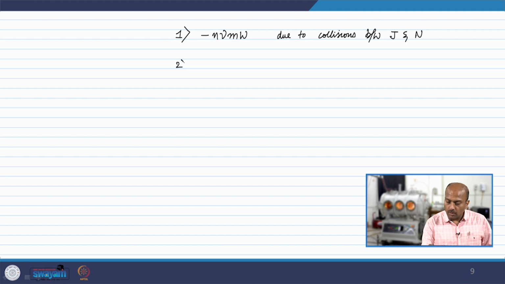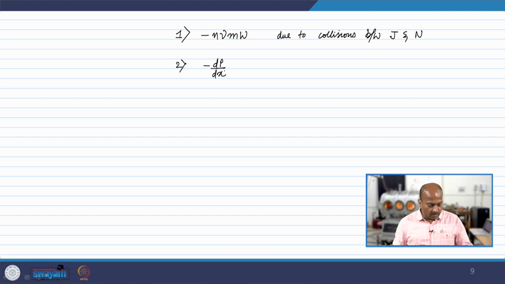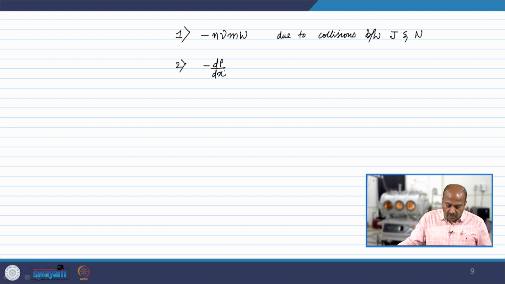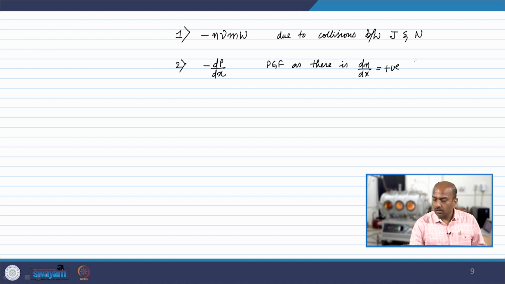Number two, there is a force which is minus dP by dx. This dP by dx is the pressure gradient force due to partial pressure variations, as there is a concentration gradient, positive dN by dx, along the x direction.